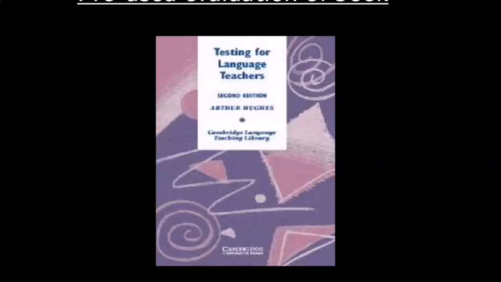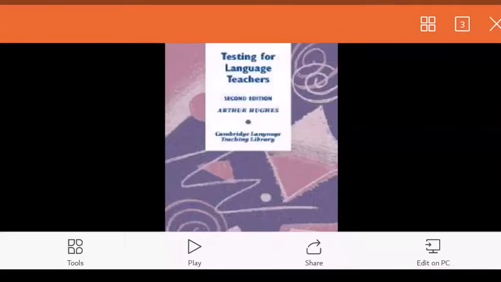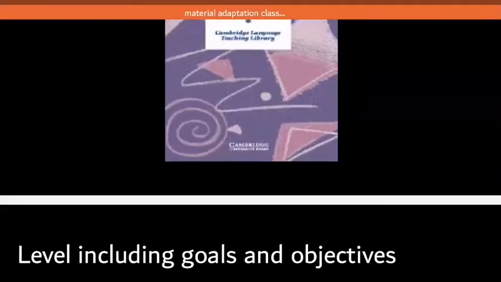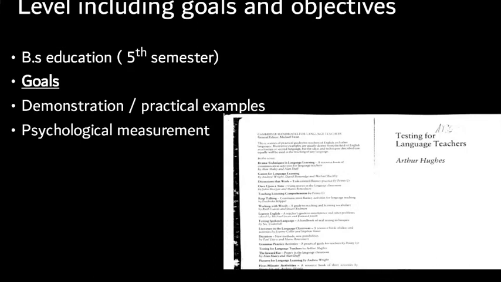So as you have seen the name, Testing for Language Teachers, I set the level for it because I was conducting a pre-use evaluation, and then I set the goals and objectives as well. The level I have chosen is BS Education, whom I am going to teach in the 5th semester, and the goals were that I was teaching the learners about testing for language, but I wanted them to learn it by looking at the illustrations and practical or sample examples of the topics, so that they can prepare their own testing questions or own samples for their students.